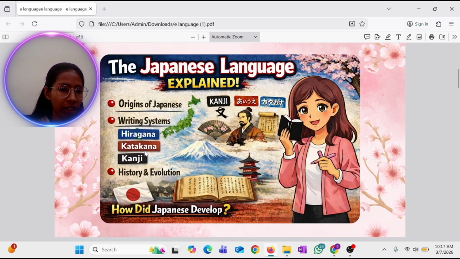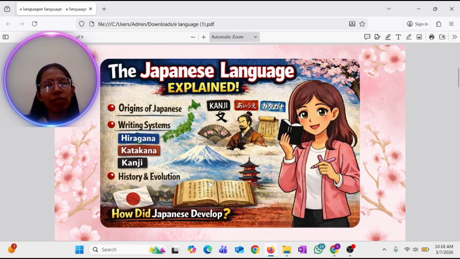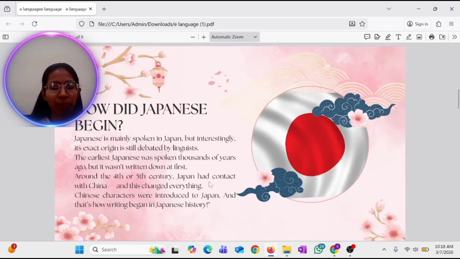There are three different writing systems: hiragana, katakana, and kanji. Then the history and the evolution Japanese has gone through, how the Japanese language developed.